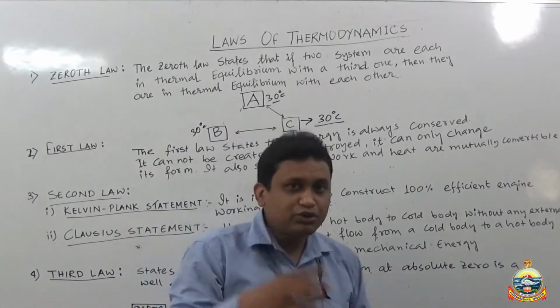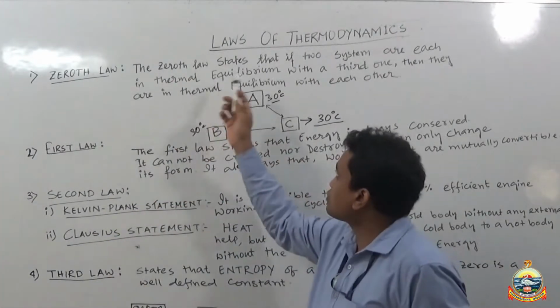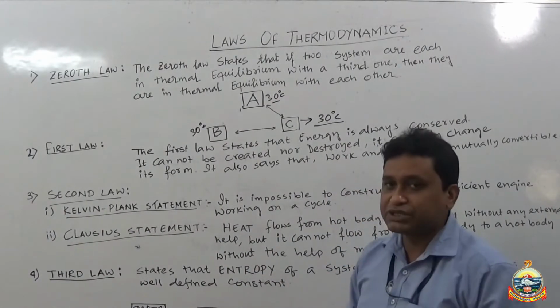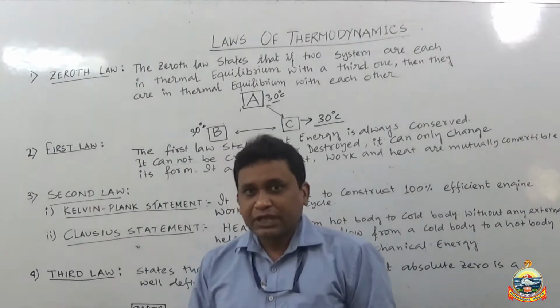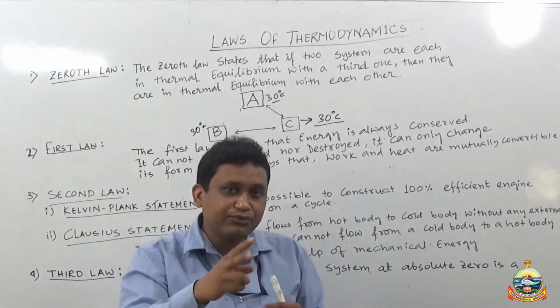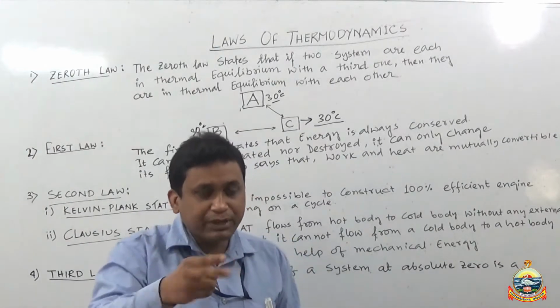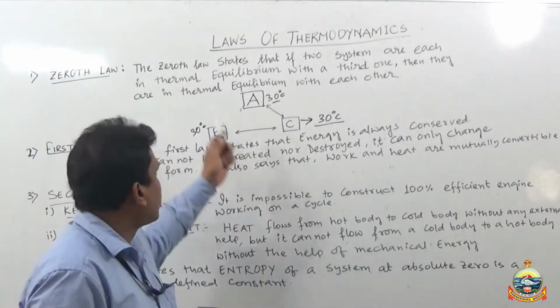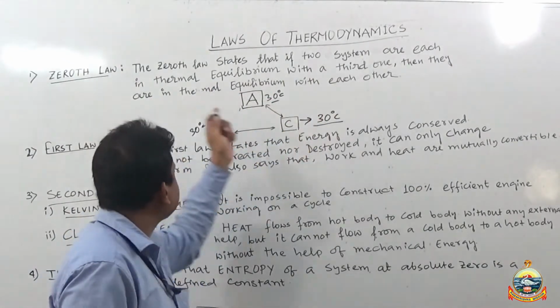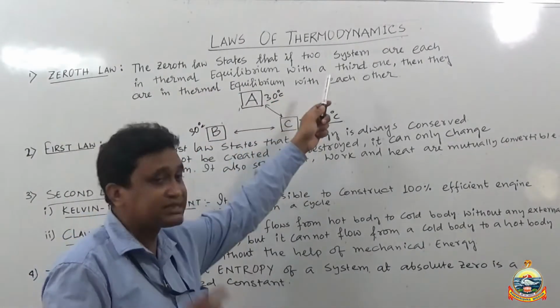So the Zeroth Law states that if two systems are each in thermal equilibrium with a third one, then the two systems will be in equilibrium with each other.